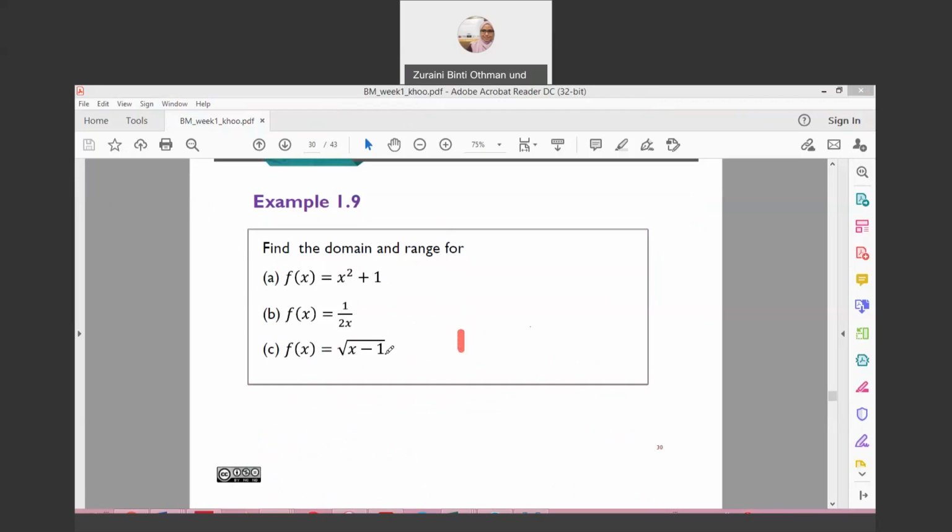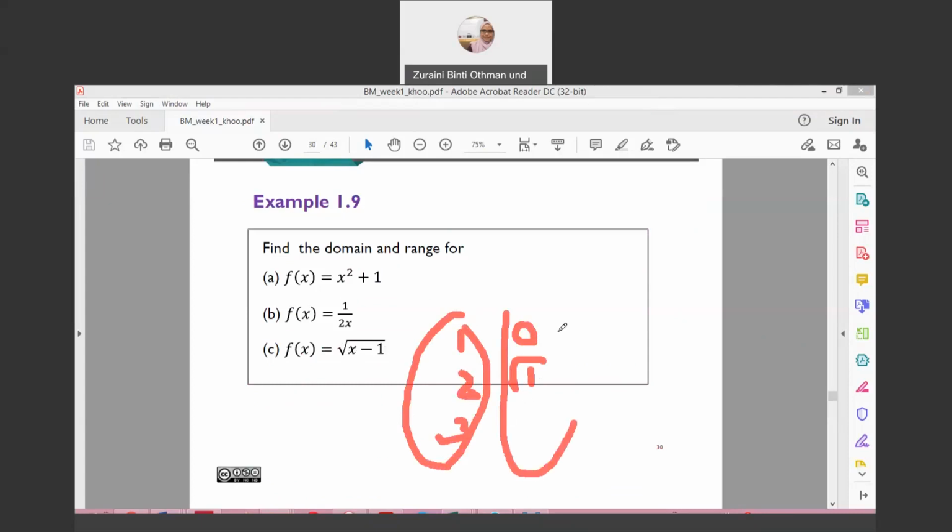When we put 1, 1 minus 1 is 0, and if we put 2, 2 minus 1 is 1, square root of 1. When we put x equal to 3, this is the relation here: 3 minus 1 is 2, square root of 2. Okay, so this is the relation.